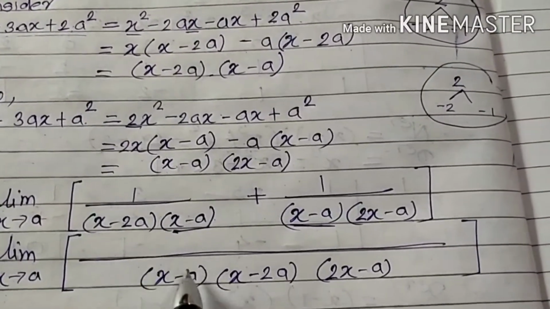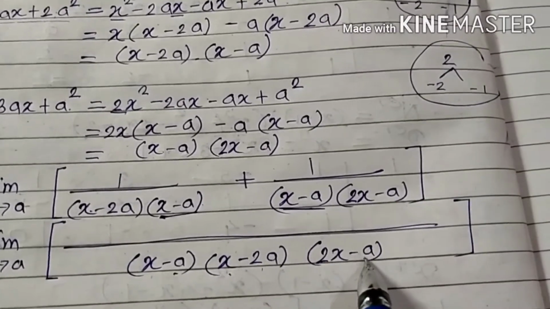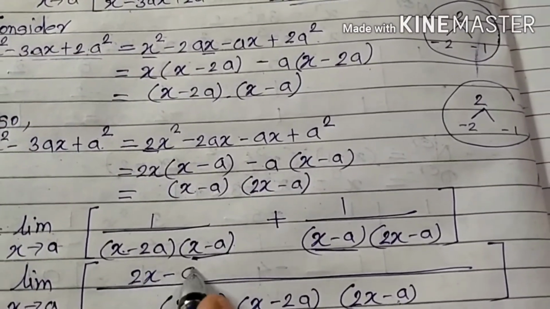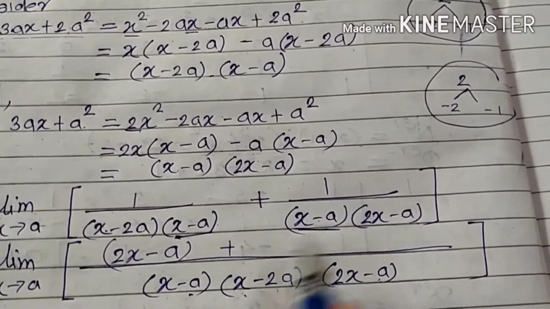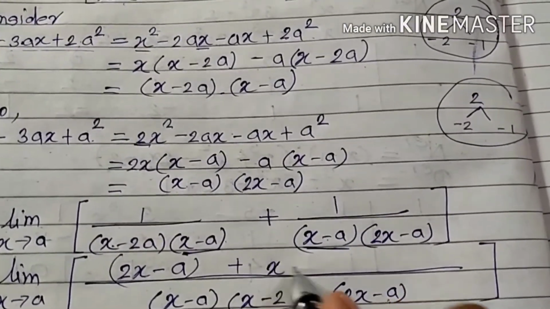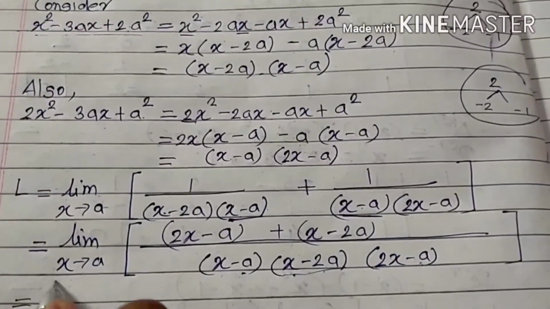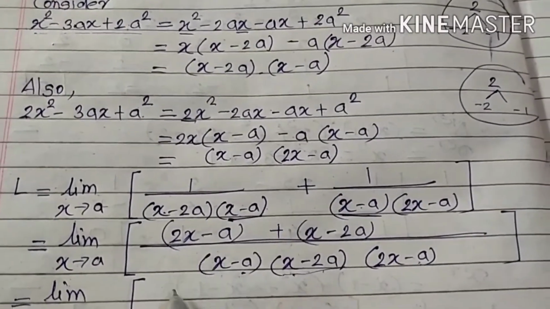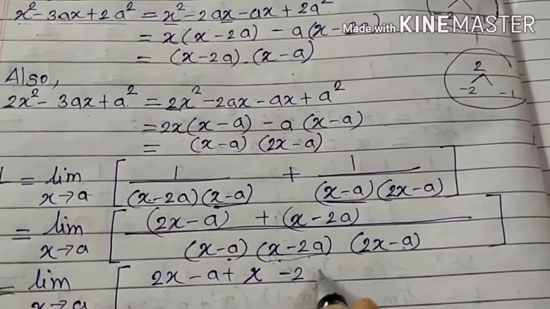Okay, now here x minus 2a, x minus a, x minus a, x minus 2a, this factor, so multiply by this 1 into 2x minus a, it is 2x minus a, plus now here x minus a, 2x minus a, so this factor x minus 2a. So 2x minus a plus x minus 2a.